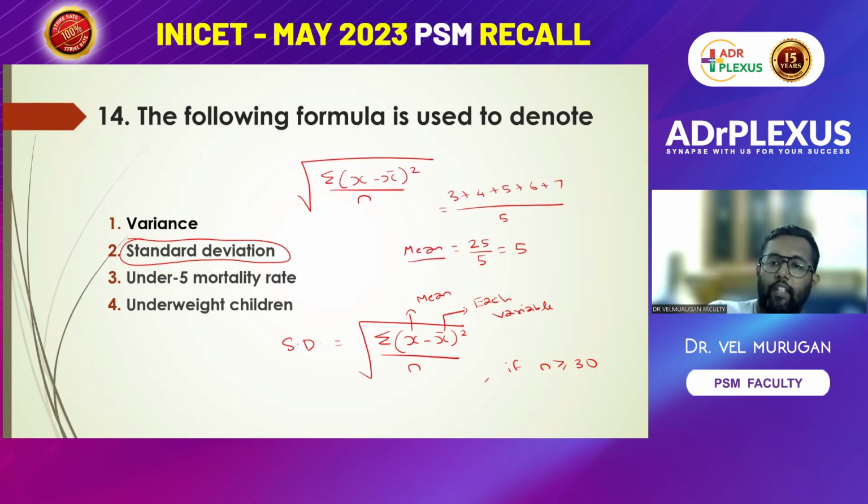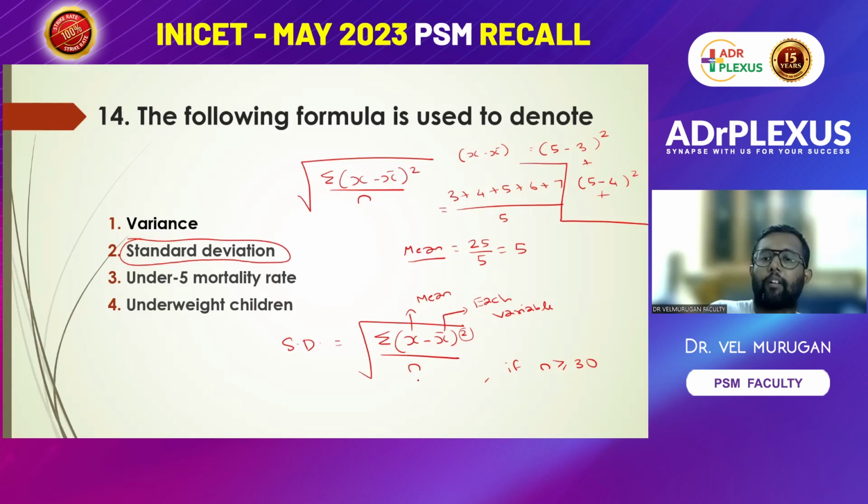Then for each variable, you find x minus x bar. So 5 minus 3, plus 5 minus 4, and for everything you have to do the square. Adding everything, you will get a number.